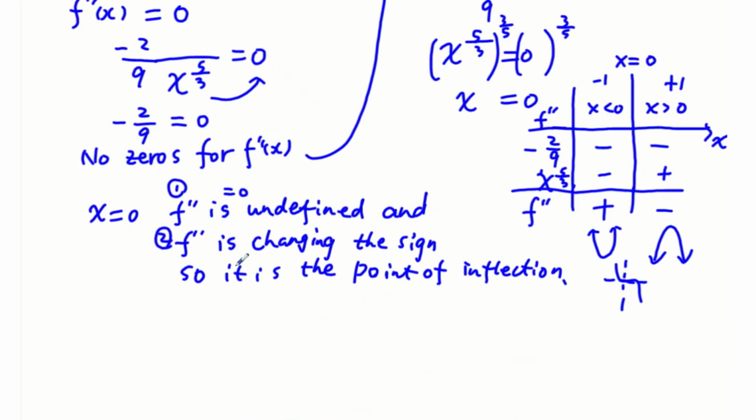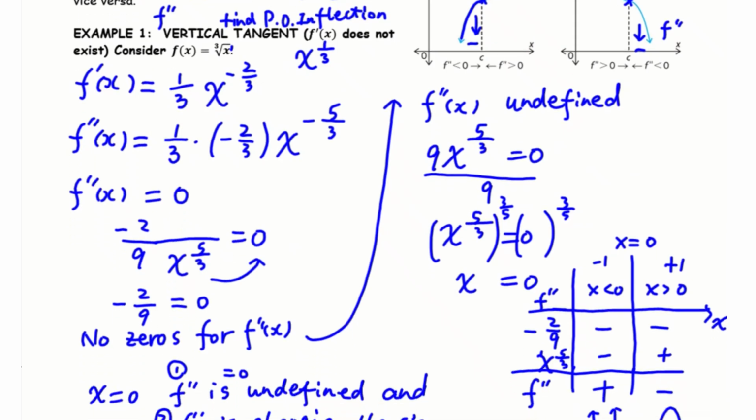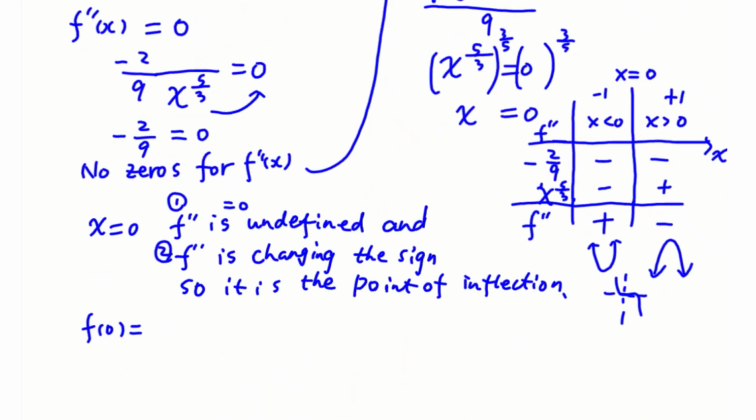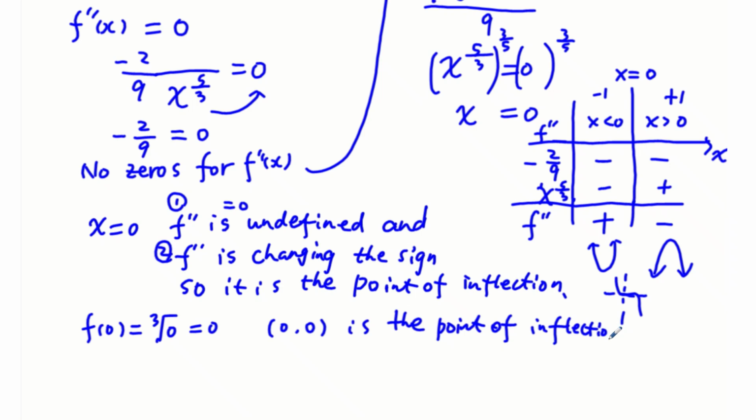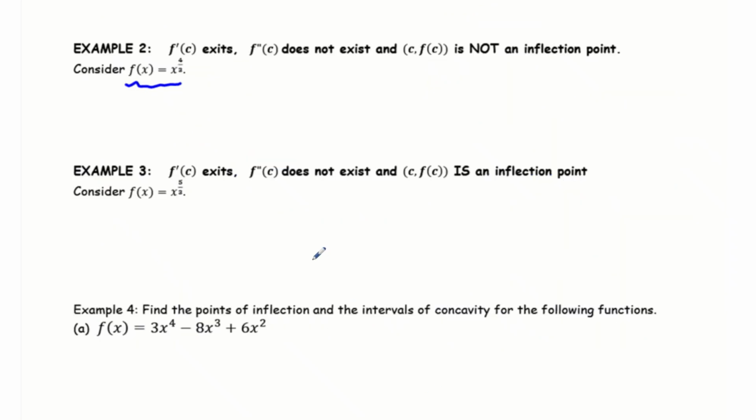So we sub in f at x equals, the parent function is cubic root of x. So it is 0. So 0, 0 is a point of inflection. Then it's done. Okay, so continue to the next one.